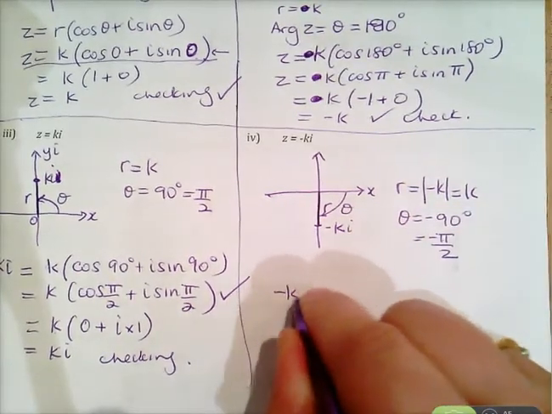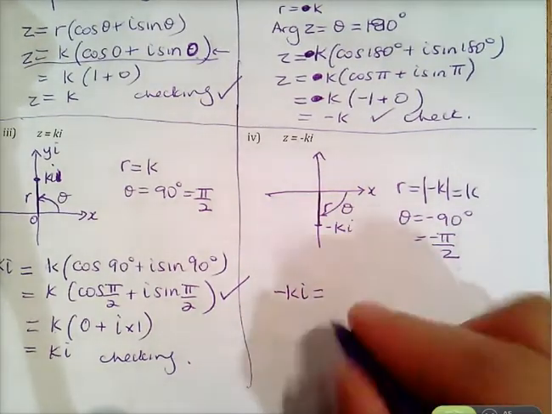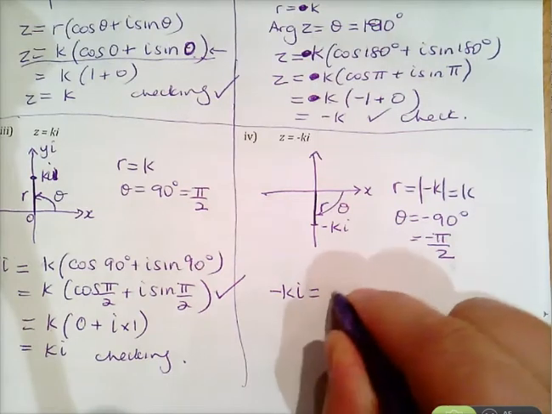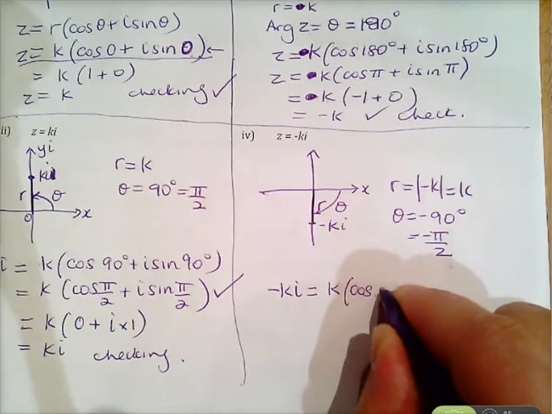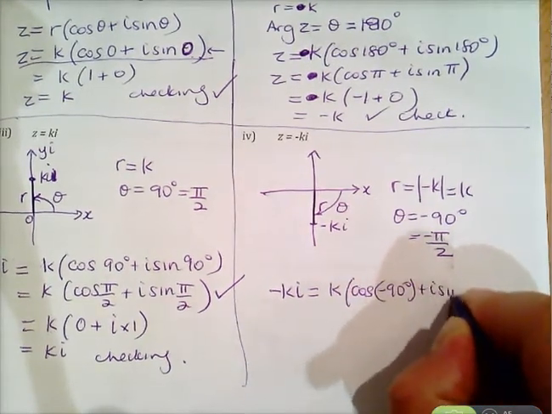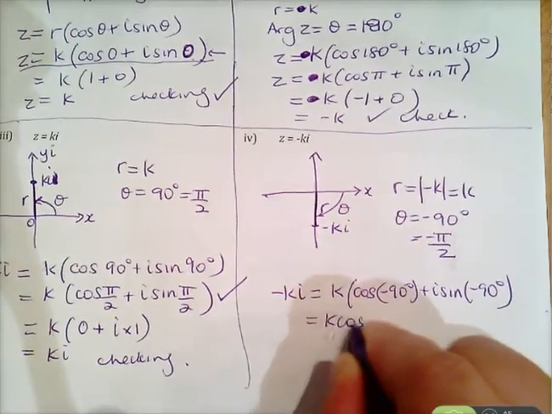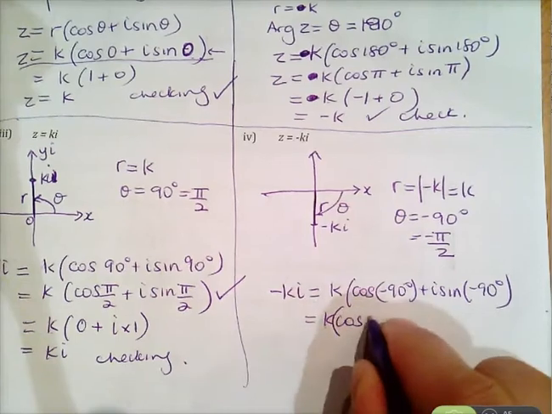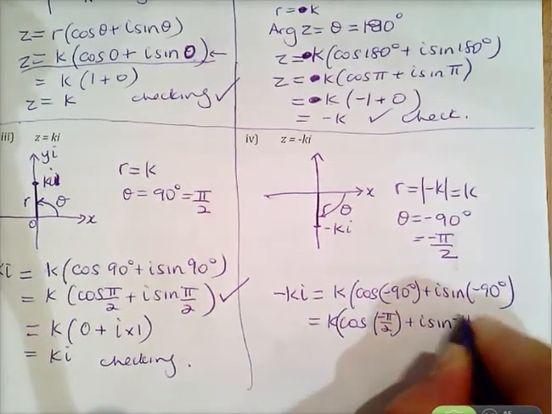So therefore, your complex number minus ki, in this case purely imaginary, remember, it's r, which is k, cos minus 90 plus i sine minus 90, which is k, in brackets, cos minus pi on 2 plus i sine minus pi on 2.